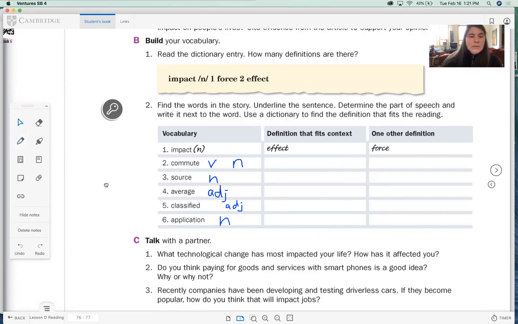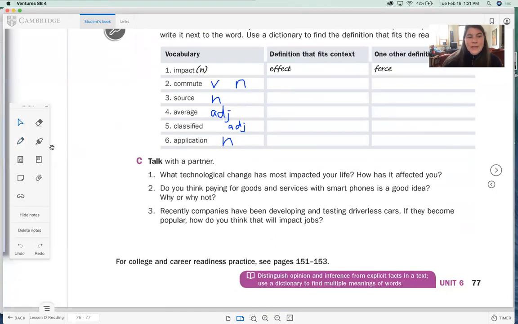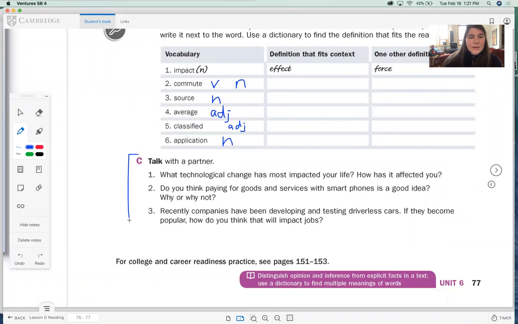Okay, so down here, I'm going to have you tell us and answer these questions. What technological change has most impacted your life? How has it affected you? Number 2, do you think paying for goods and services, and just so you know, goods and services always goes together like this. We don't say services and goods, it's always goods and services.